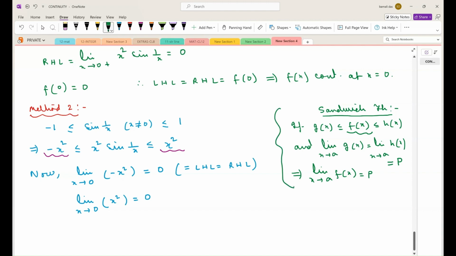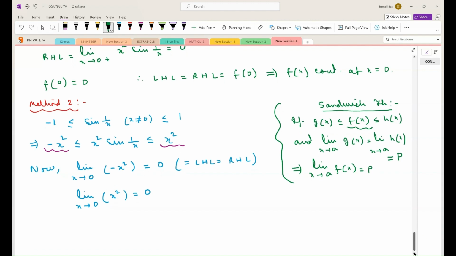So if I now apply this theorem here, therefore by sandwich theorem, limit x tends to 0 of the middle function, that is x square sine 1 by x, is also 0.